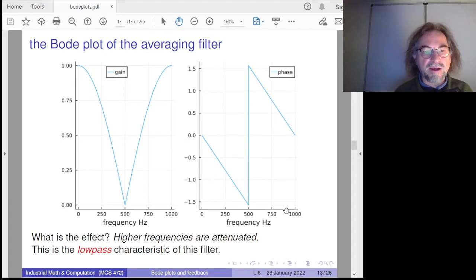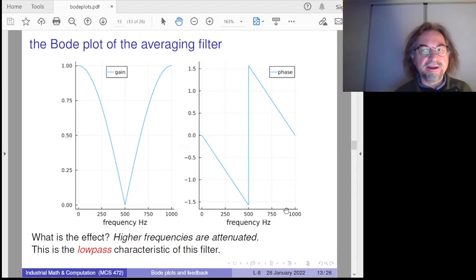If you have a frequency that comes in at 10, then the amplitude of the output signal will be a little bit less than the input signal, less than 1. So we say that the higher frequencies are attenuated, and one says that the filter has a low pass characteristic. That's what the plot shows.